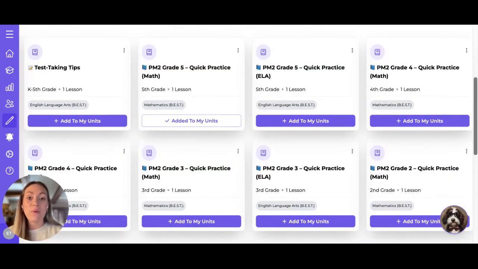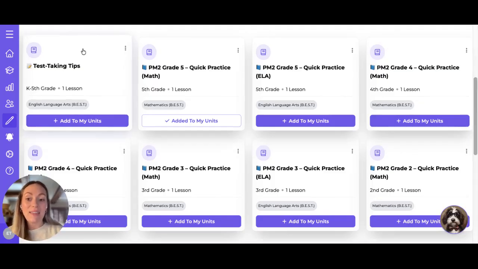So you can see added here at the top are a variety of PM2 quick practices. We have them for grades K through 5, and we have lessons or quick practices both for ELA and for math. We also created a lesson about test taking tips that students could take before or after completing their quick practices in preparation for their PM2.